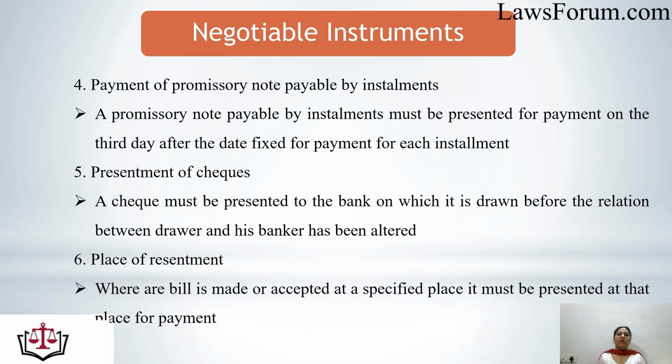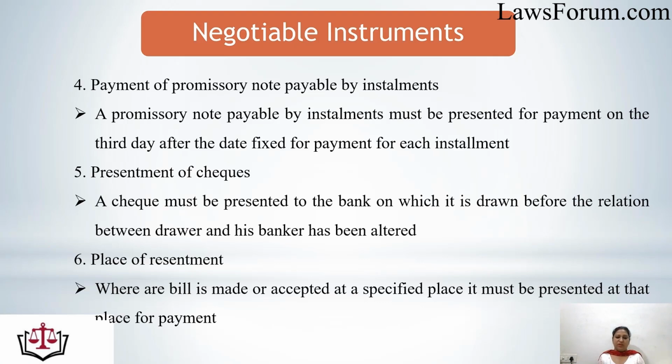Next is presentment of checks. A check must be presented to the bank on which it is drawn before the relation between the drawer and his banker has been altered. We know that the check is drawn on a banker, and the banker is always a drawee. So once it is endorsed, once it is transferred to the next party, the relation with the banker has been altered. So before that the check must be presented for payment.